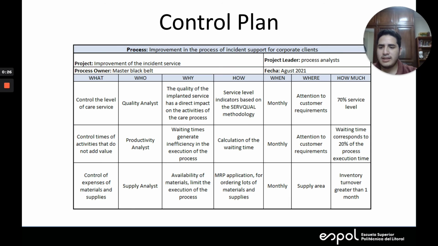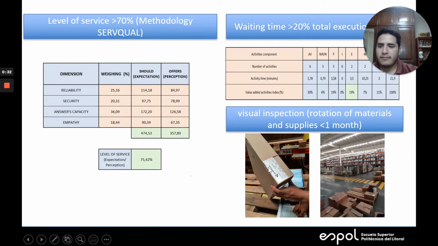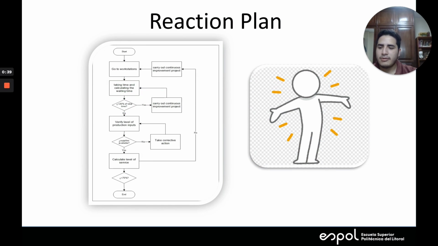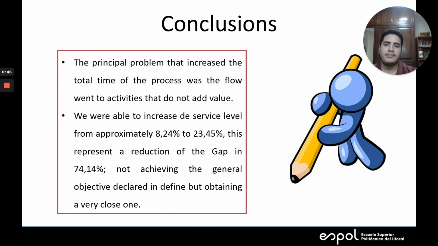Finally, the last cause is that the inventory turnover is greater than 1 month. On this slide, we can see the format of our indicators. Reaction plan: you can watch the flow to control our improvements.